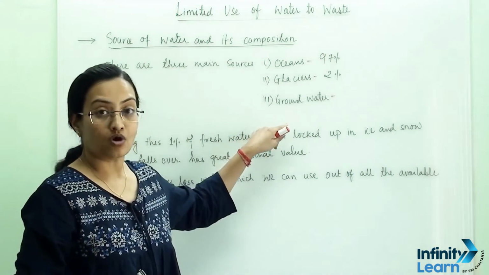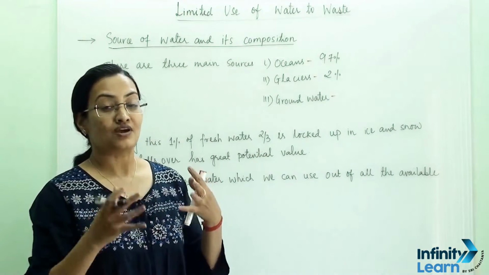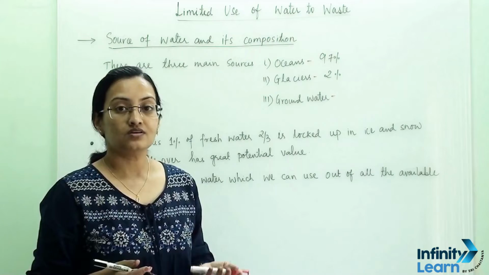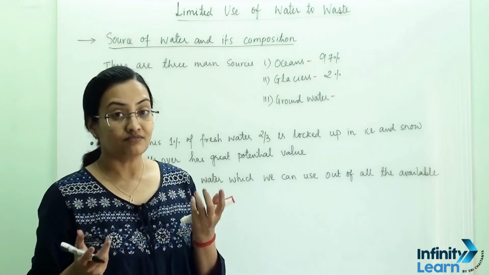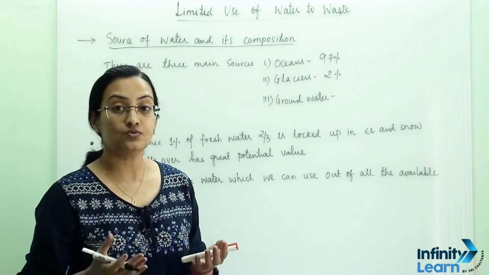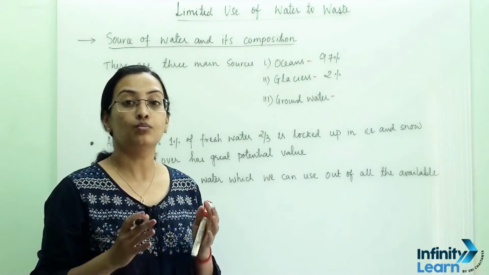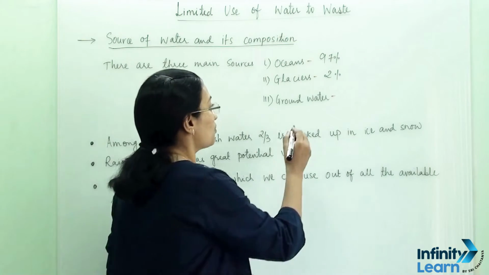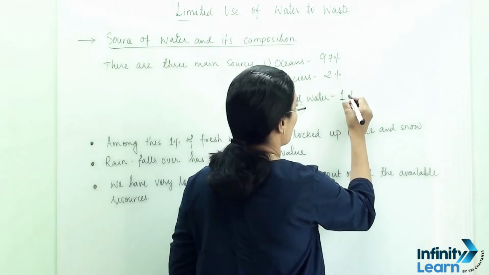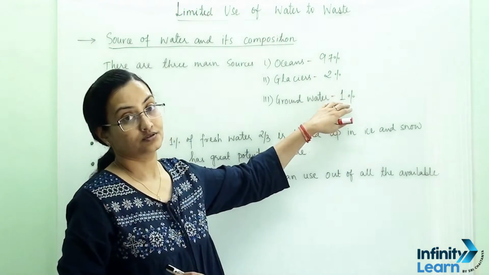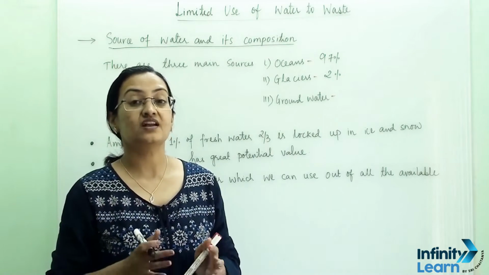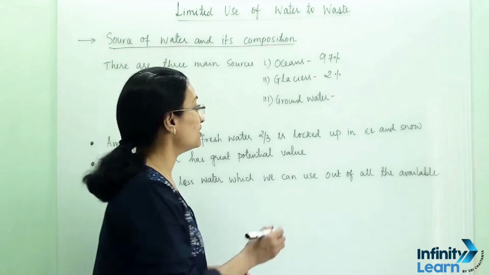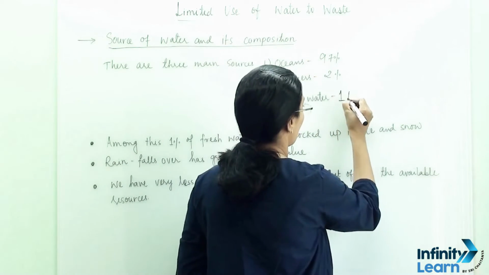And the groundwater comprises everything: the reservoirs, the lakes, the wells, and the groundwater which we are taking via borewell. All this water has only 1% share on the earth. So all this water which we are actually using is only 1% on the earth.